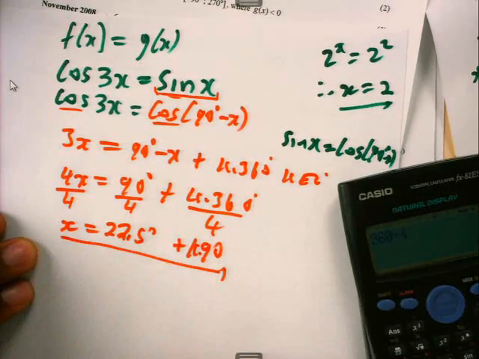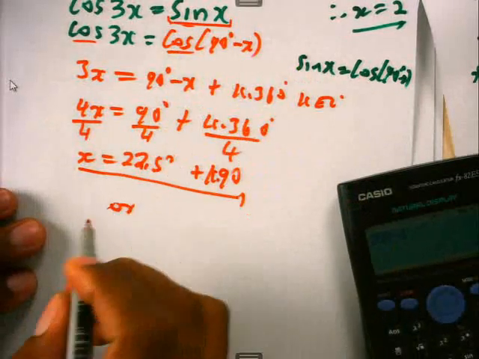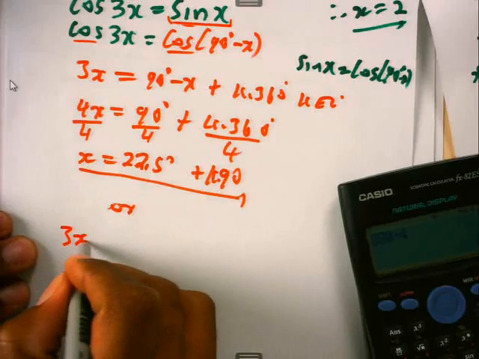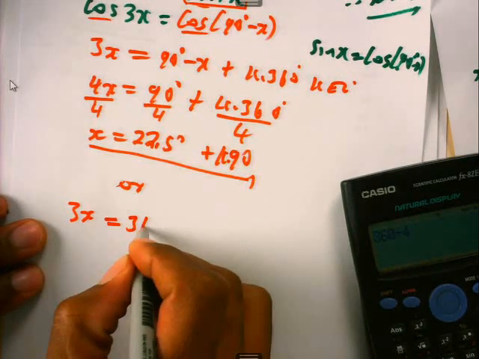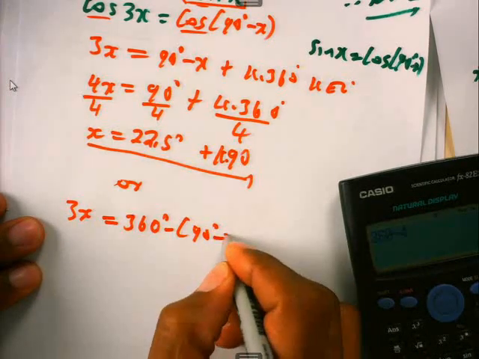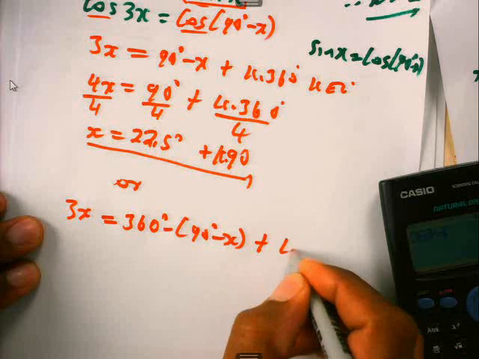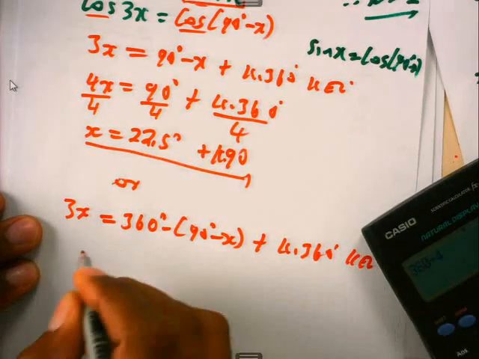That is the first one. The second one, where cos is positive, will be in the fourth quadrant, where 3x equals 360 degrees minus (90 minus x), plus k times 360 degrees, where k is an element of the integers.